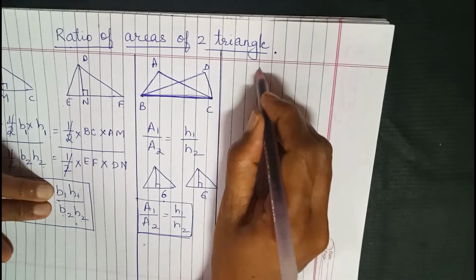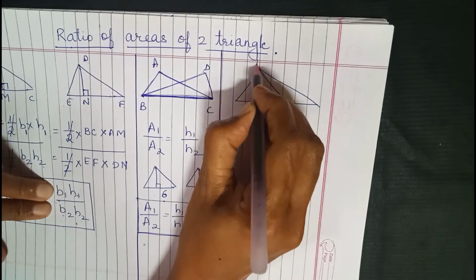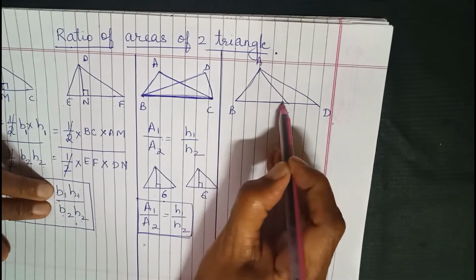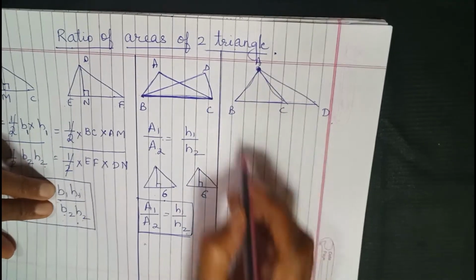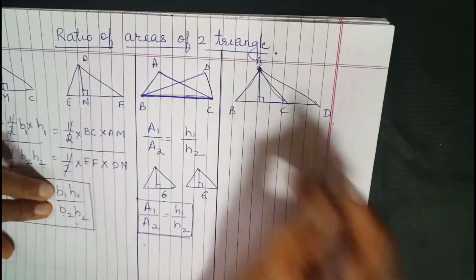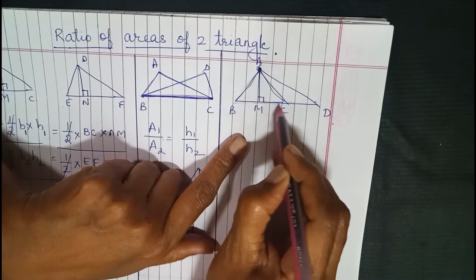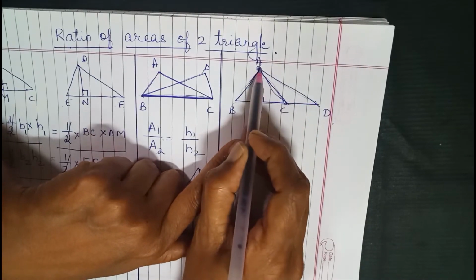Similarly, let us say if we have two triangles like this. Now here you can see you have one triangle ABC and another triangle ACD. They have a common vertex A, and if I will draw a height from this, you can see this height AM will be the height for the triangle ABC also, and it will be the height for the triangle ACD also.